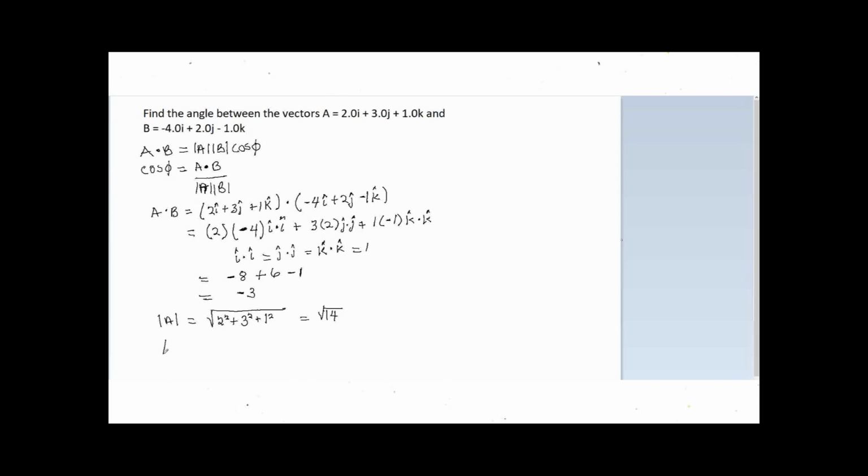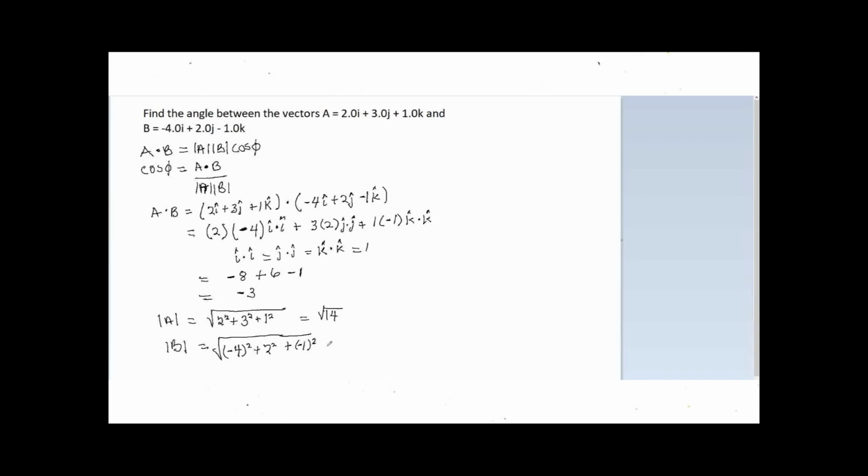Likewise, I calculate the magnitude of vector B. The magnitude of vector B is also going to be a square root: we have (-4) squared plus 2 squared plus (-1) squared.